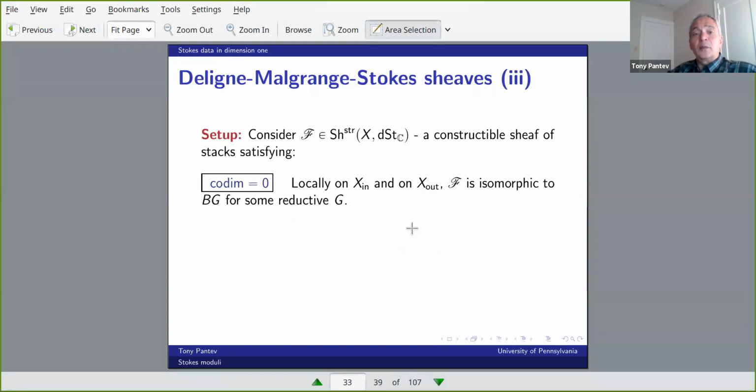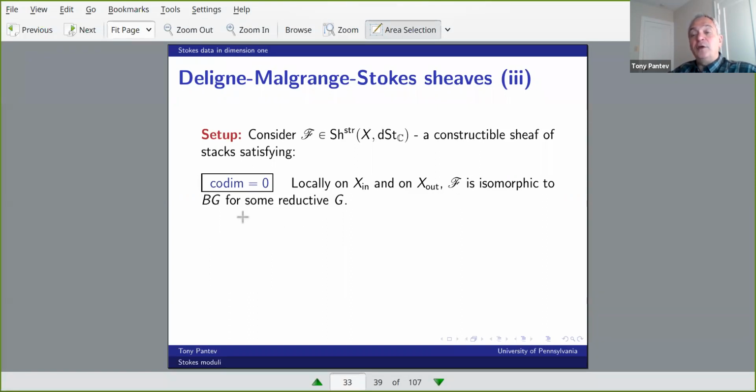Now I'm going to talk about a special class of constructible sheaves on these strata, which I'm calling the Lin-Milgram Stokes sheaves. So this is the condition that the sheaf should satisfy on an open stratum.